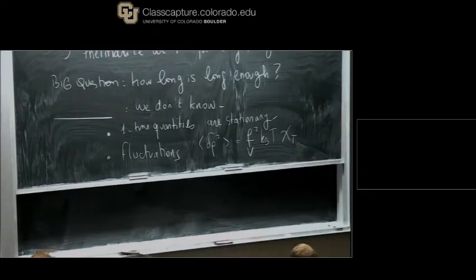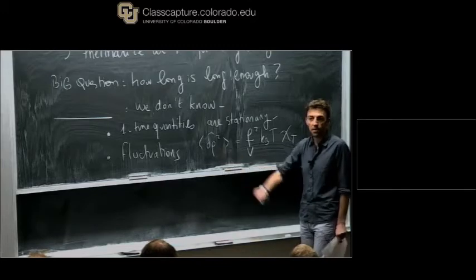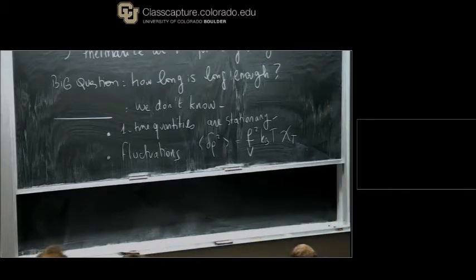The compressibility, I told you, is the derivative of the volume with respect to the pressure. So you could measure your equation of state very precisely, take the derivative, and compare to the spontaneous fluctuations of the density in your simulations.